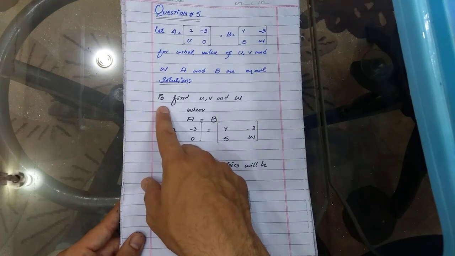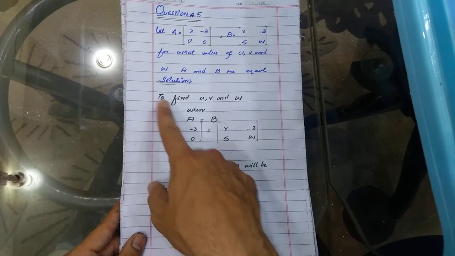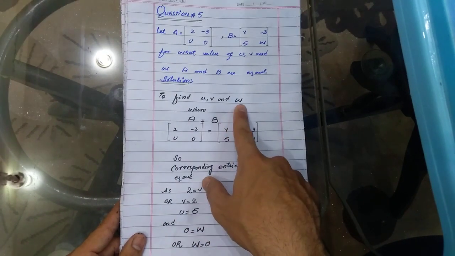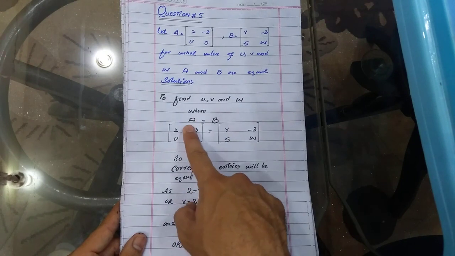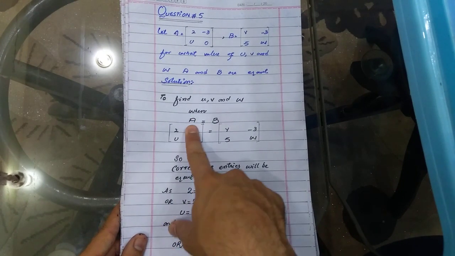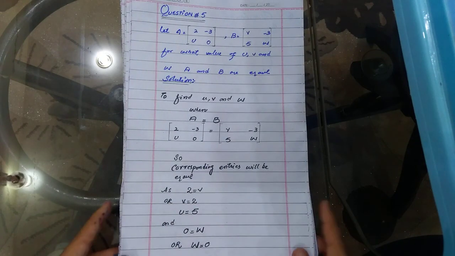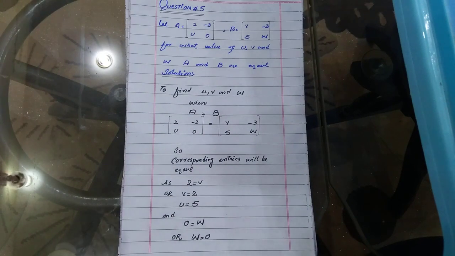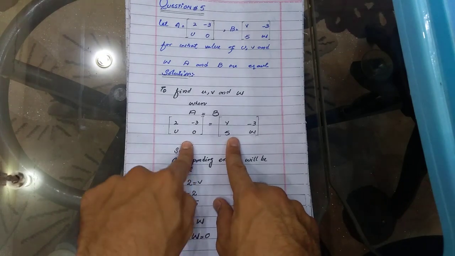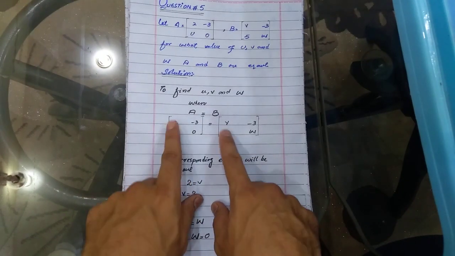So students, look here, I have started with the statement: to find U, V and W when A is equal to B, matrix A is equal to matrix B. As it is already given that matrix A is equal to matrix B, it means that both have the same order as well as equal corresponding entries.